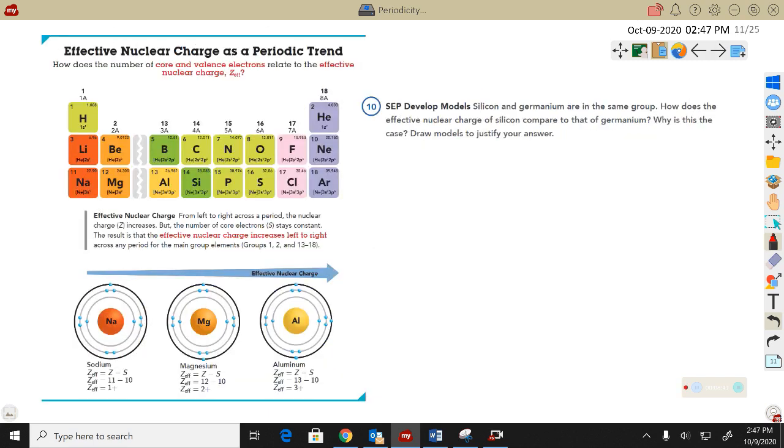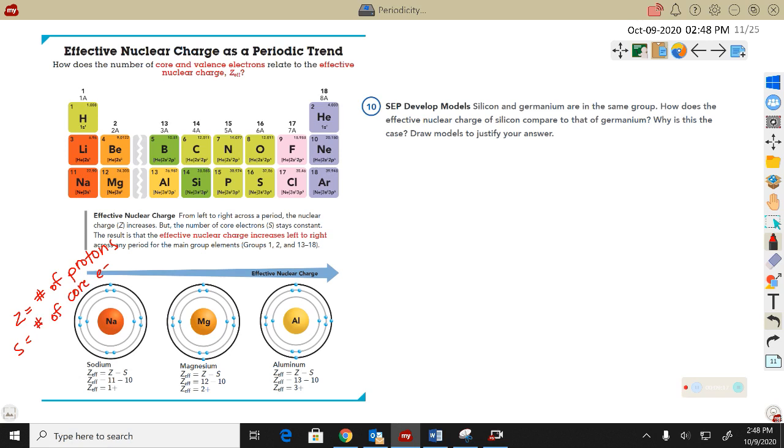And it's fine, but they're talking about calculating effective nuclear charge. They show you this calculation for sodium, magnesium, and aluminum. It's fine. There's nothing wrong with it. It's that Z is really the number of protons, and S is the number of core electrons.